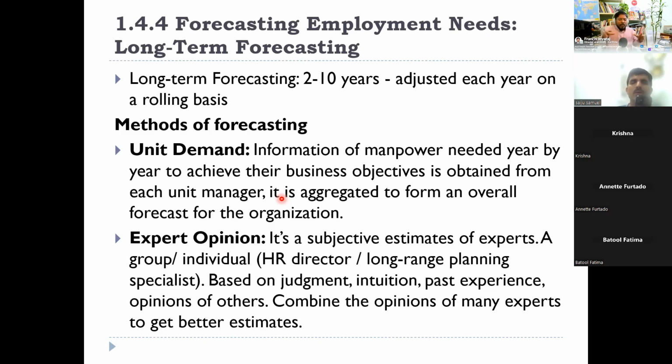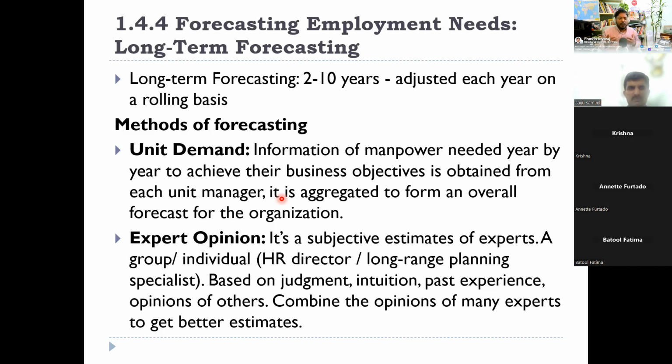So the HR department in this manufacturing company, let us say X, can collaborate with the unit managers from each manufacturing facility to gather information on the manpower needed to achieve the business objective. This is very important. You might send out a form or some sort of communication, or you can sit down for an interview and take the inputs from the unit managers.